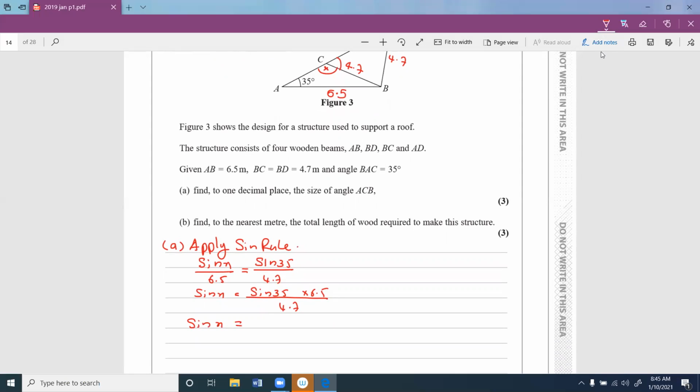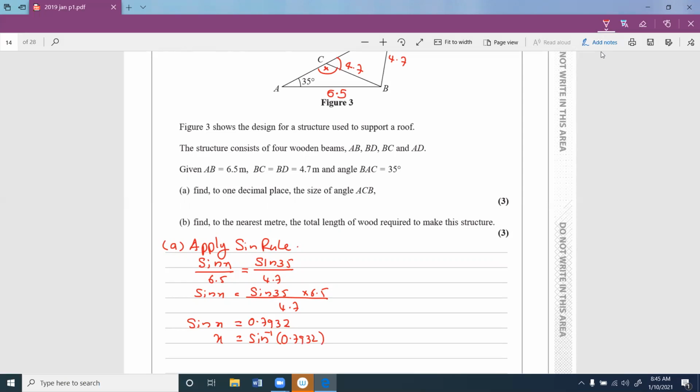Sine x is equal to sine 35 into 6.5, that answer divided by 4.7. That becomes 0.7932. Then you can say x is equal to sine inverse of 0.7932.